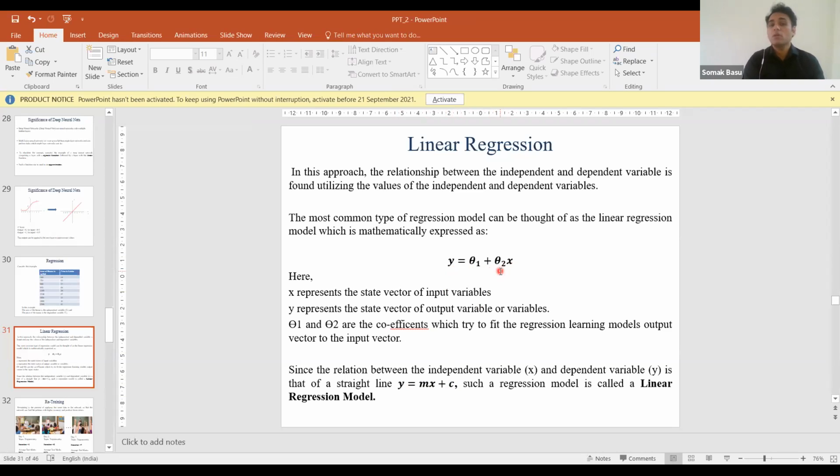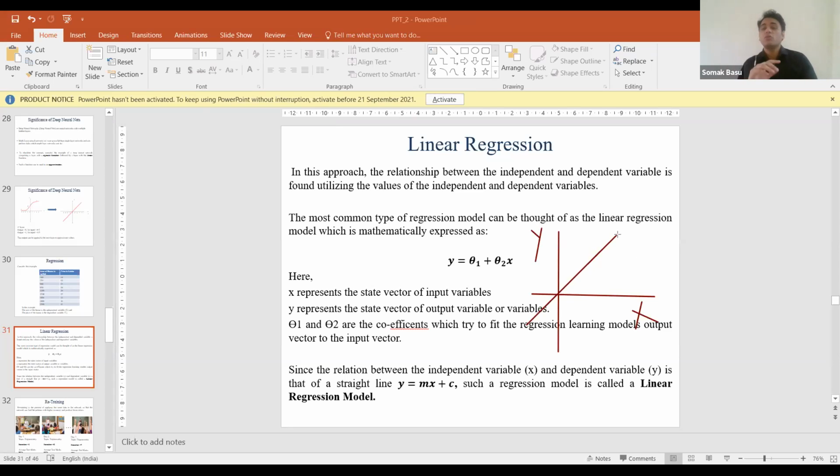So if this is x, and this is y, the relation between x and y will be a straight line.